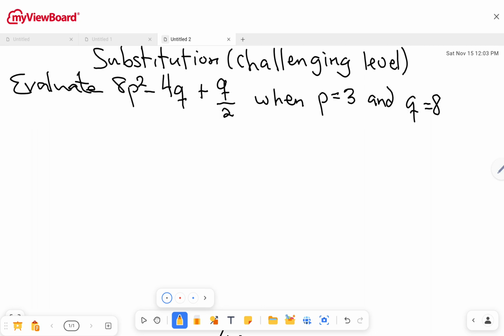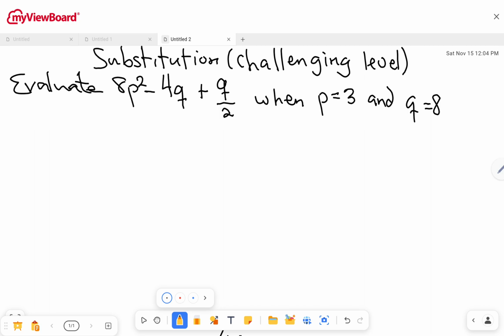Though it is called challenging level, there are other advanced forms of this, or there are other questions which are pretty difficult than what I'm going to do over here. So let's try to solve this question.